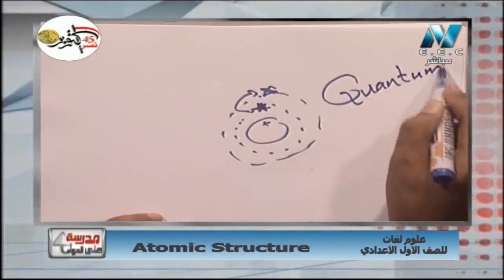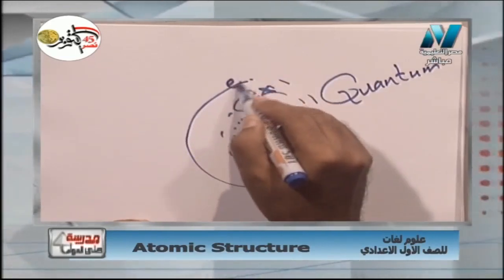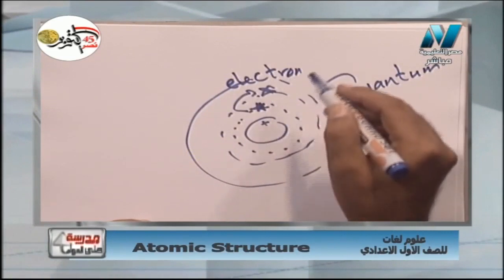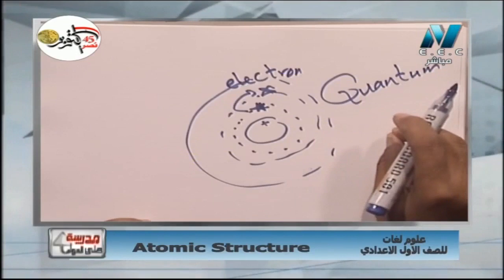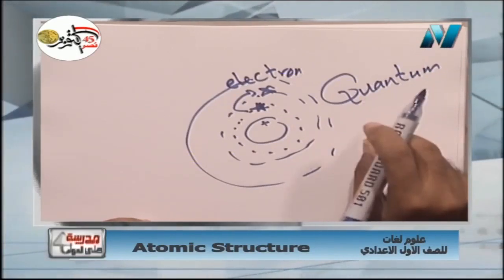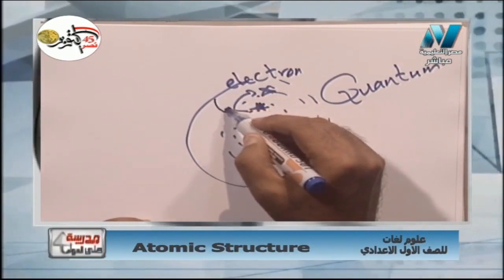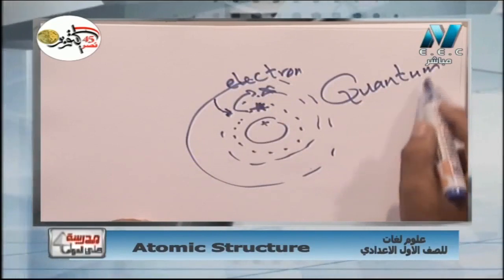Also, if an electron in the 3rd energy level, M, loses a quantity of energy, it can transfer to a lower one. What is this amount? It is called the quantum. So what is meant by quantum?